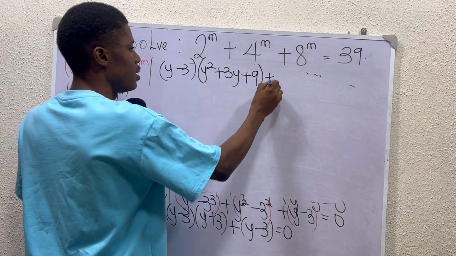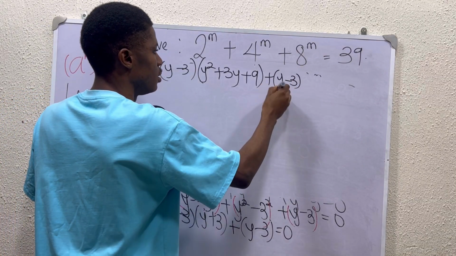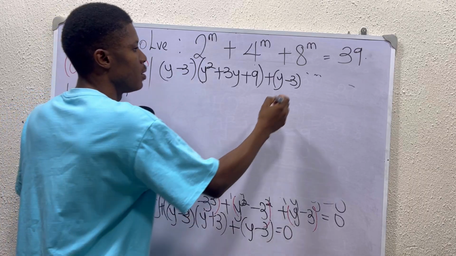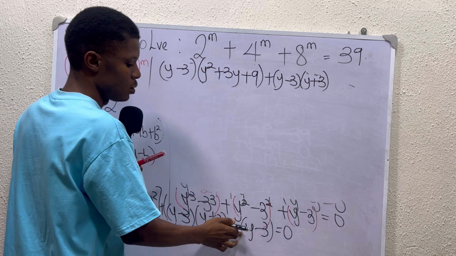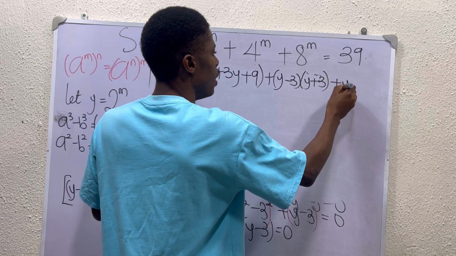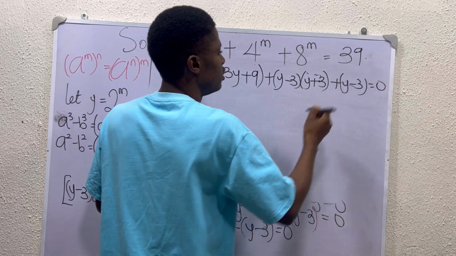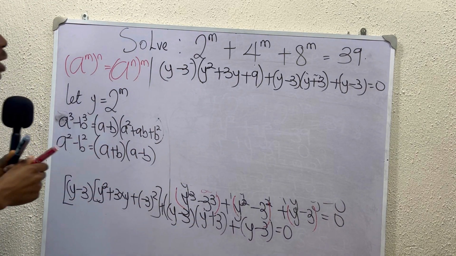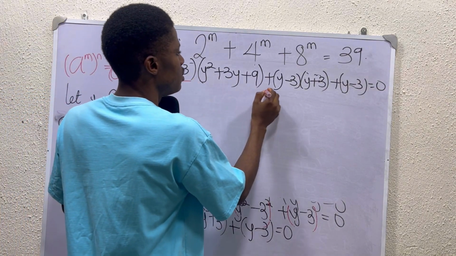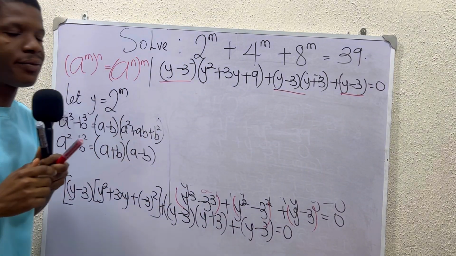Then we go to the next one: plus y minus 3 into y plus 3. Then the last one is plus y minus 3, and everything is 0. This is how it looks. If you understand one thing, y minus 3 is always common in each expression, so we can factor it out.